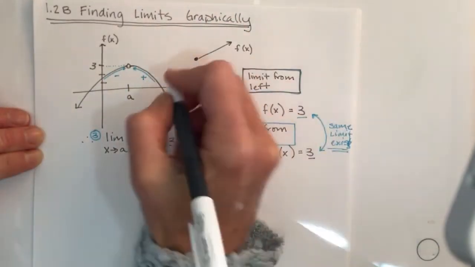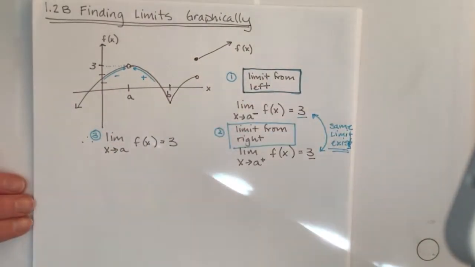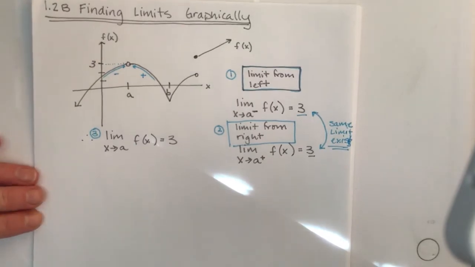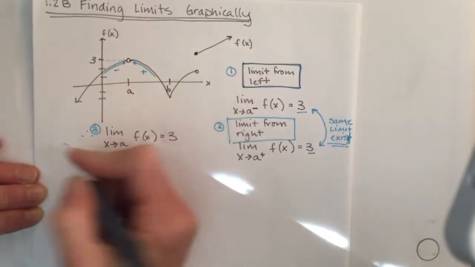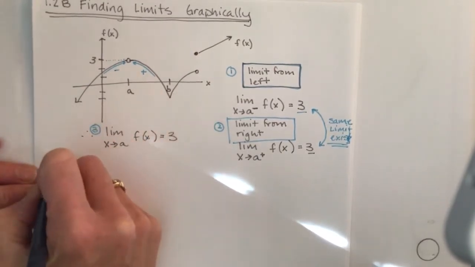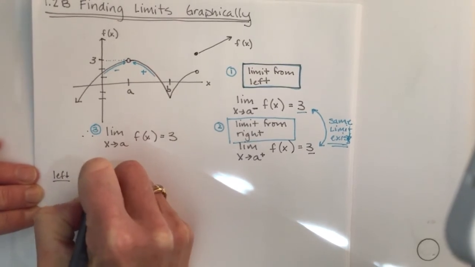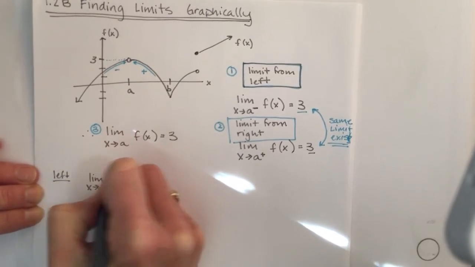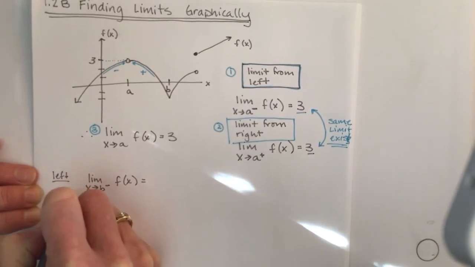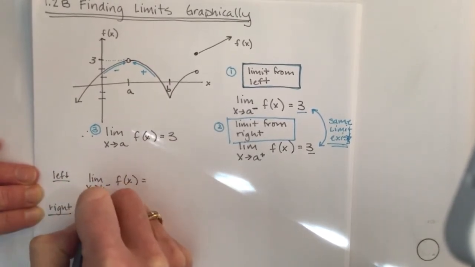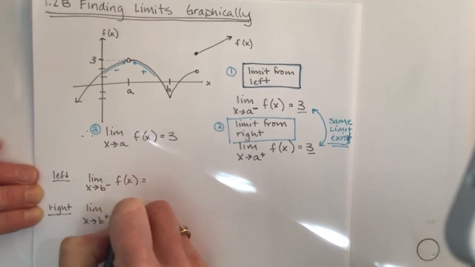Okay, so let's look at this point here. We'll call this point B, and we'll do the same thing. For B, from the left, we've got the limit as x approaches B from the left of f of x, and from the right, the limit as x approaches B from the right.